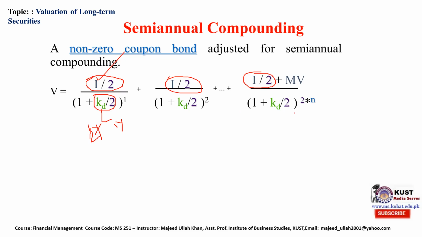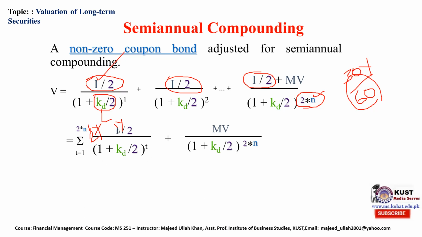Now the number of periods: if there are 30 years of maturity and we receive interest every 6 months, the total will be 60 half-year periods, 60 periods of 6 months. So we will multiply n by 2.